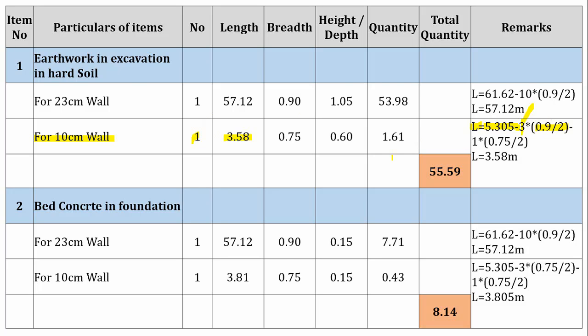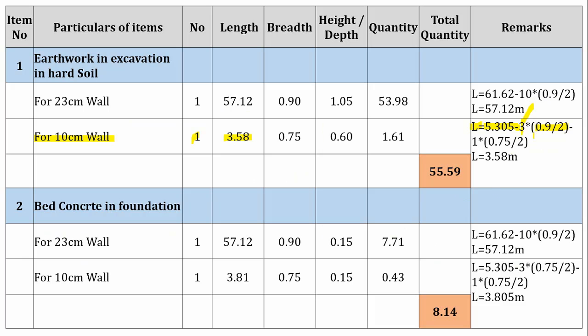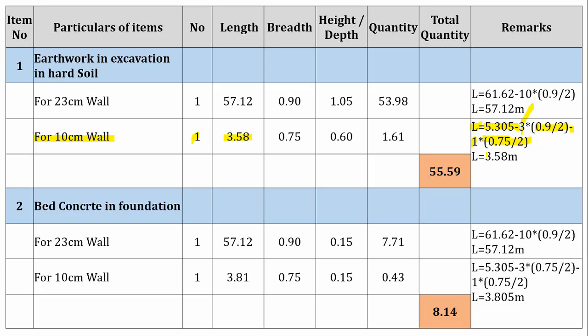Width of this 30 centimeter wall, that is 0.9 divided by 2, minus n. N is the number of junctions between 10 centimeter and 10 centimeter walls, that is 1 junction, into width of the item divided by 2. So now what is the width of this item? 0.75, 0.75 divided by 2. So you will get the answer as 3.58.